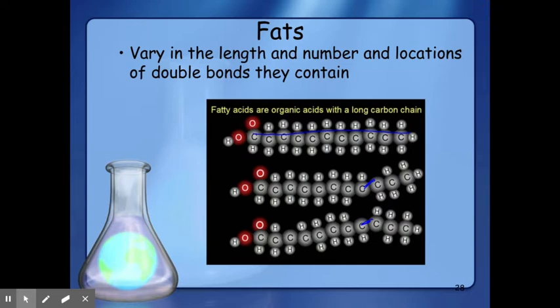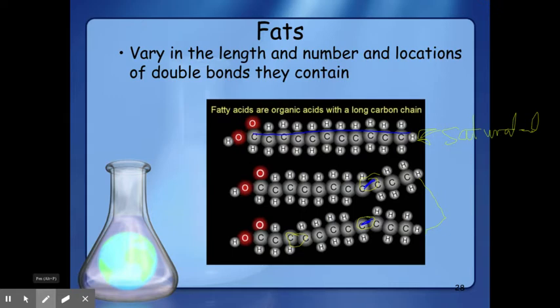They can, again, vary in the length and the number and the locations of double bonds. If we look at this top fatty acid, it is completely what we would say saturated with hydrogen, meaning it has as much hydrogen as possible. So we would say that this one is saturated. Whereas these two contain a double bond here, here, and also here.